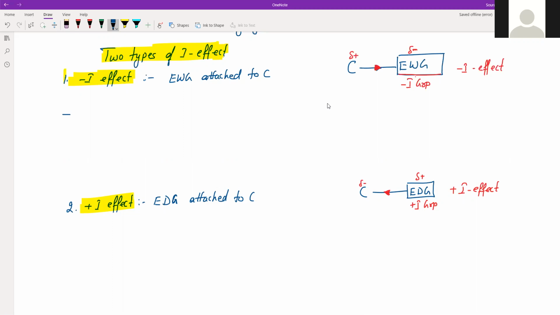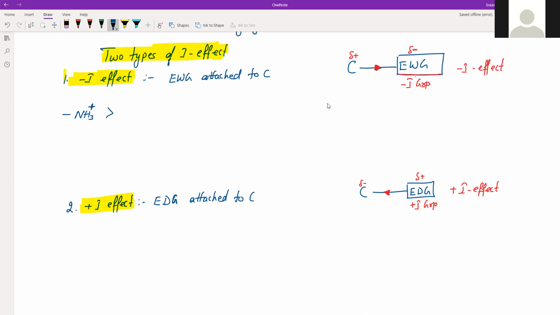If we have, say, ammonium, NH3 plus, because there is a plus charge, it will try to attract electrons towards itself. So this is an electron withdrawing group.